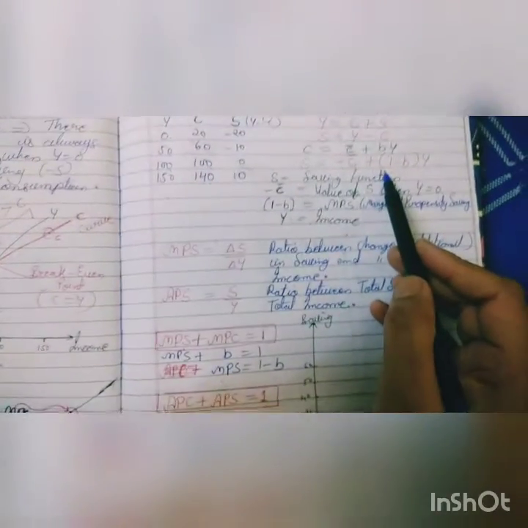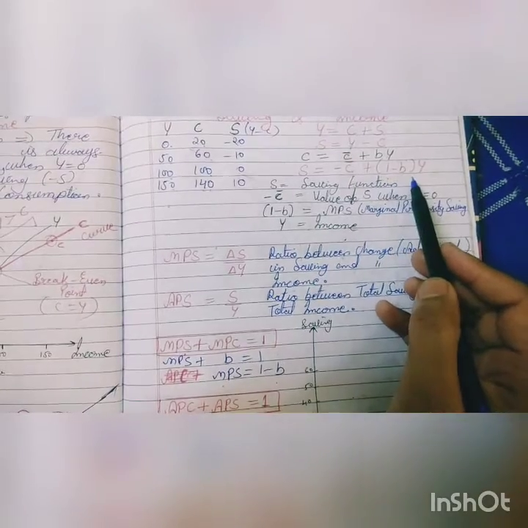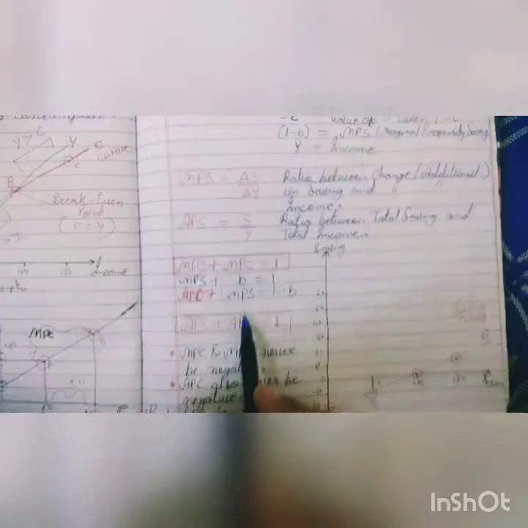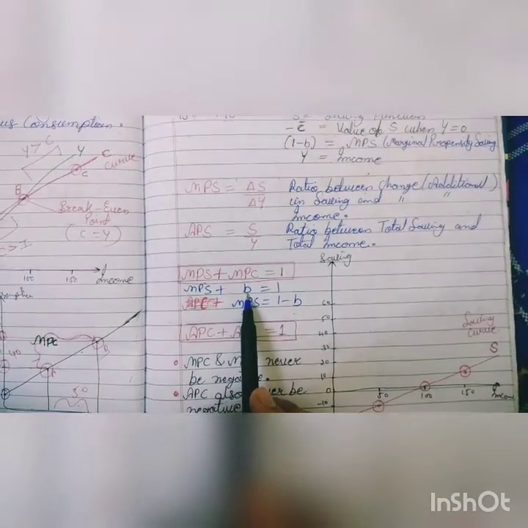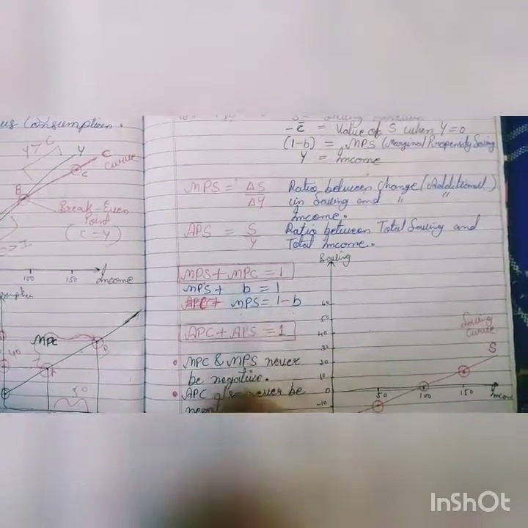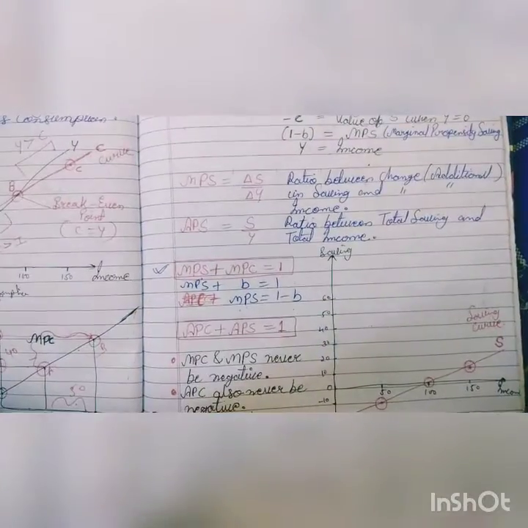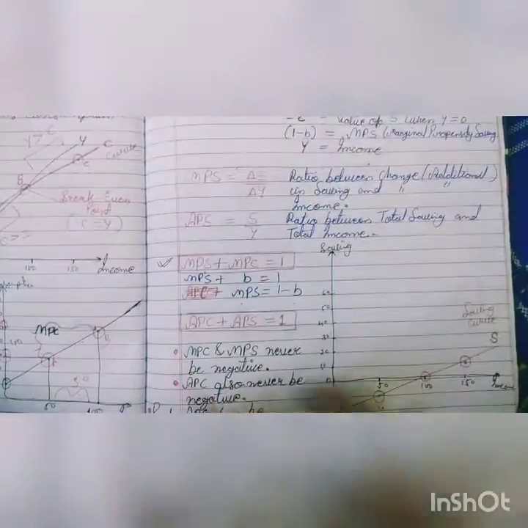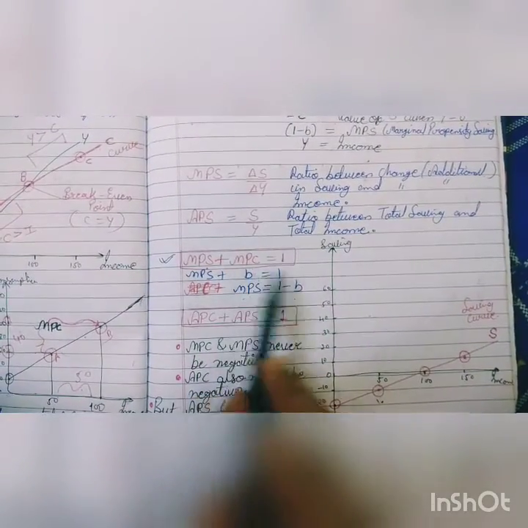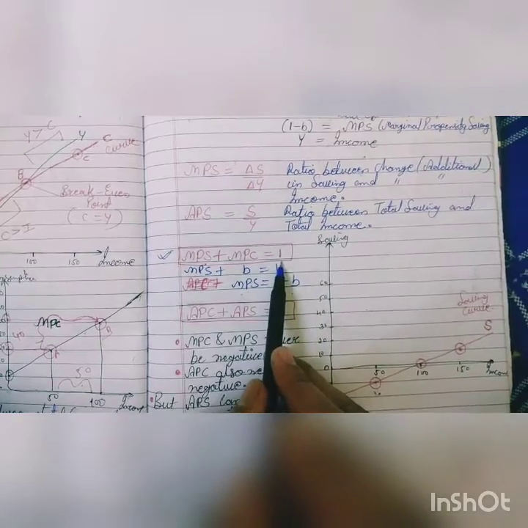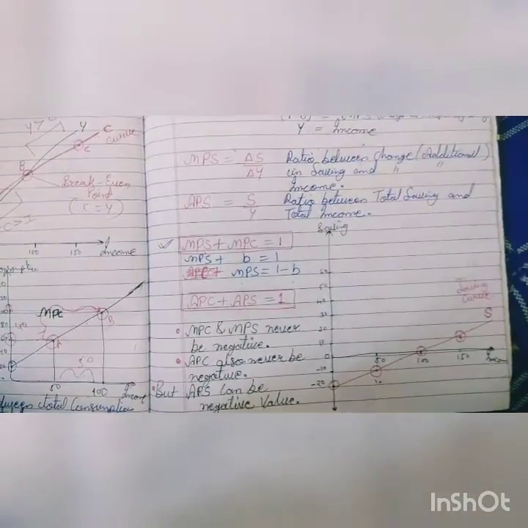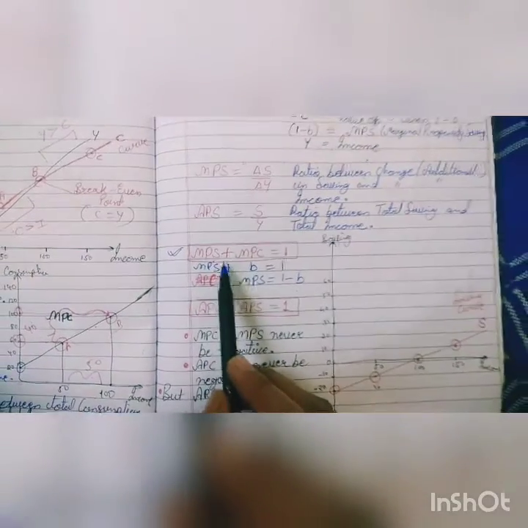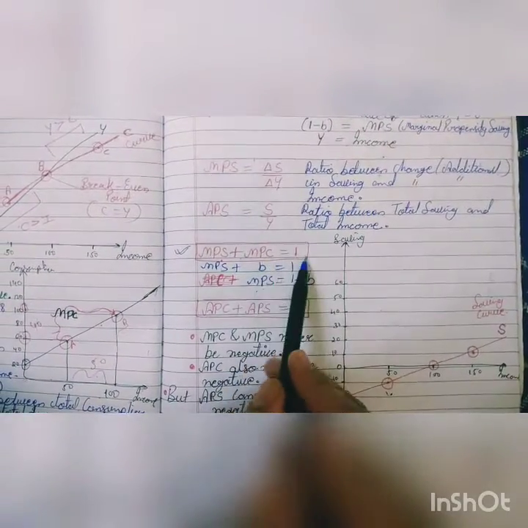That's why in the equation we put 1 minus b. The MPC value we denote by b, and that sum is fixed. How do we say that MPS and MPC always sum to 1? It's an equation. I will explain in the next classes how we get MPS plus MPC equal to 1.